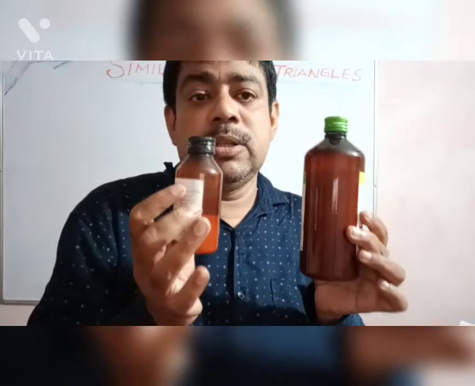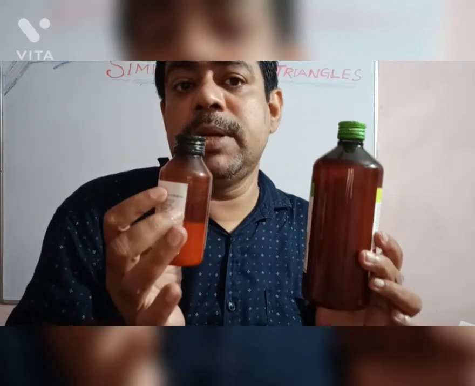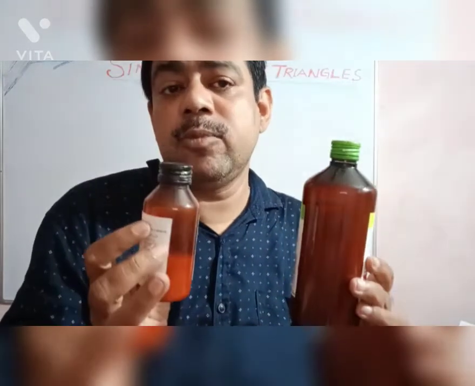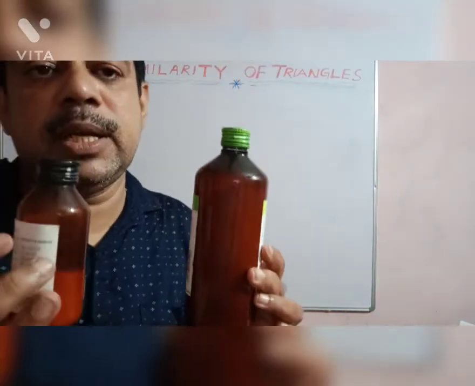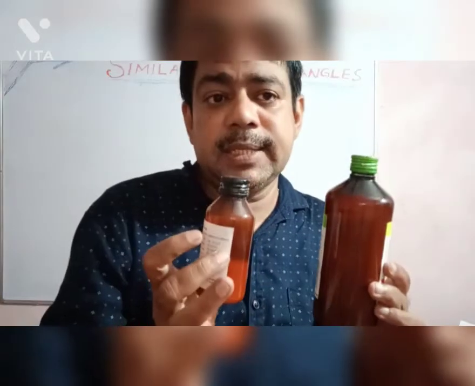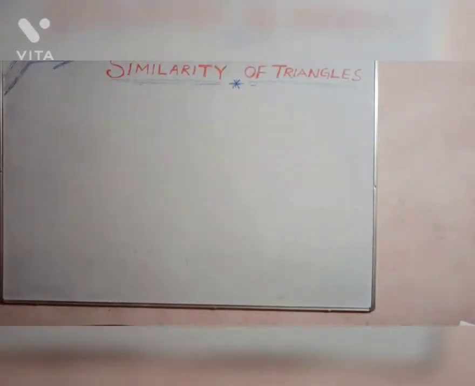So two objects can be similar although their sizes may be different, because their shapes are the same, they have the same look. That's why they are said to be similar objects. So similar objects means when two objects have the same shape, then they are said to be similar, isn't it?